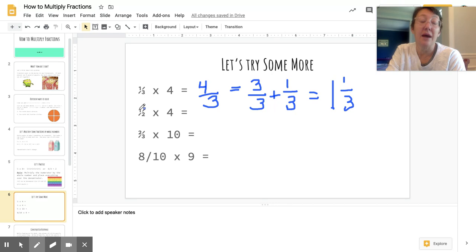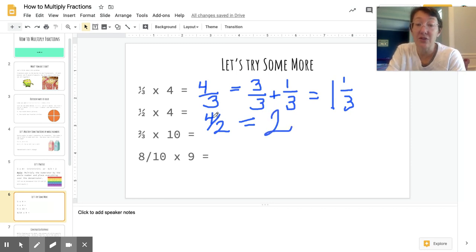But I want us to move towards the multiplication. So it's the numerator times the whole number. So 1 times 4 is 4. And I'm going to do a diagonal over the denominator. So 4/2 equals 2 wholes.